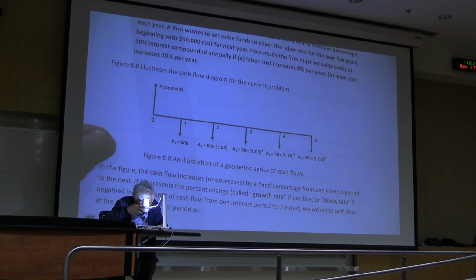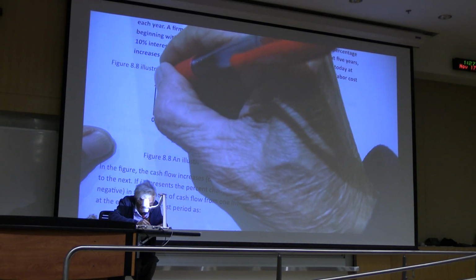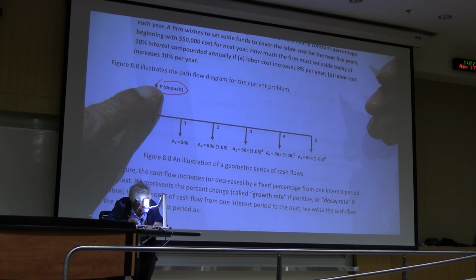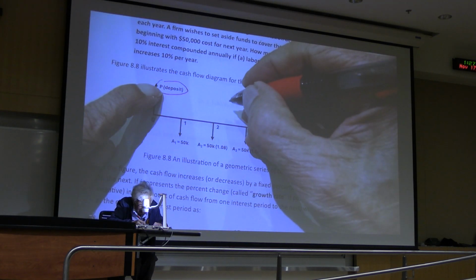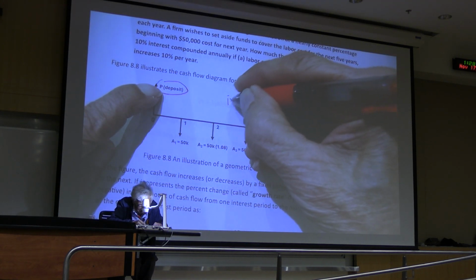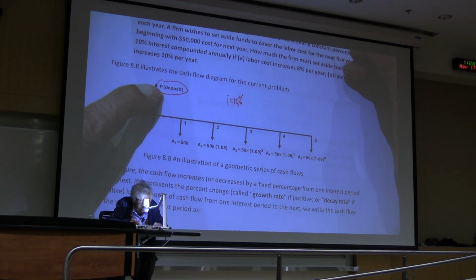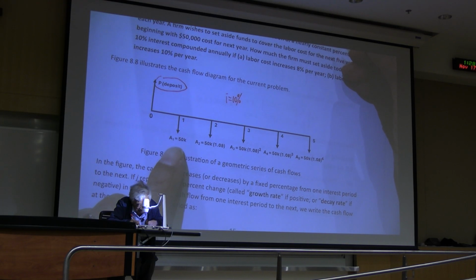You look at this cash flow diagram: how much money must you deposit into your account, at i% interest rate, say 10%, to cover the future payment to your worker? Year 1, 50,000.